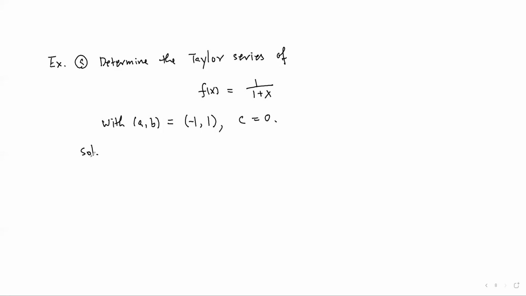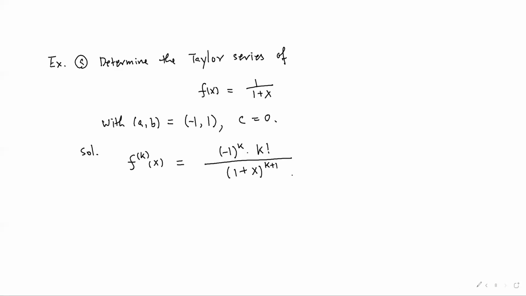I need to compute the derivative of this function. It's easy to see that taking the derivative of the function k times, the answer is (negative 1) to the k times k factorial over (1 plus x), and the power is k plus 1.